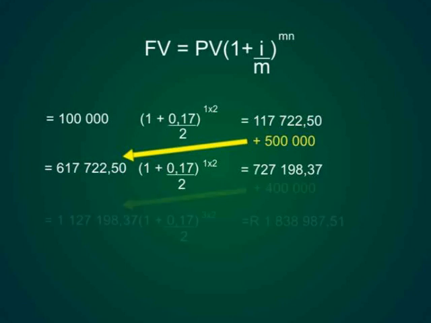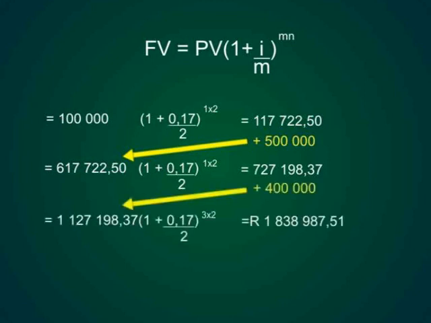To that he adds 400,000, which gives me an amount of 1,127,198.37 rand.